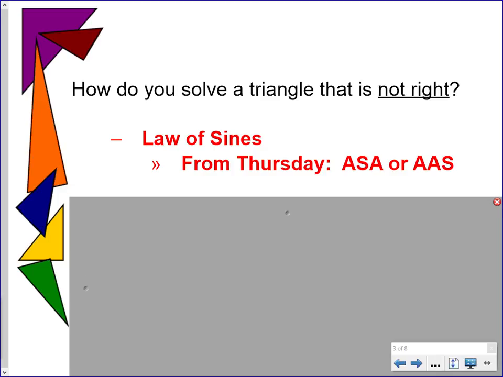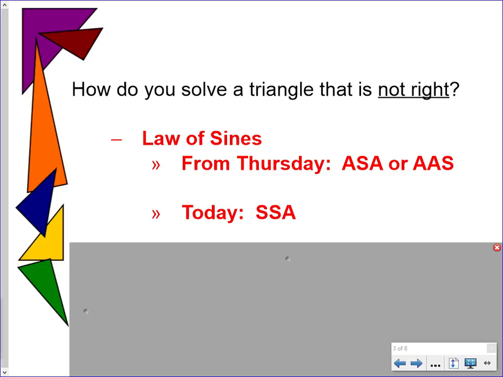You can also use the law of sines if you are given at the very beginning two sides and a non-included angle. So side, side, angle, which spells that word, right? So in geometry, your teacher probably told you never spell the bad word, forwards or backwards. That was not a way to prove triangles were congruent.